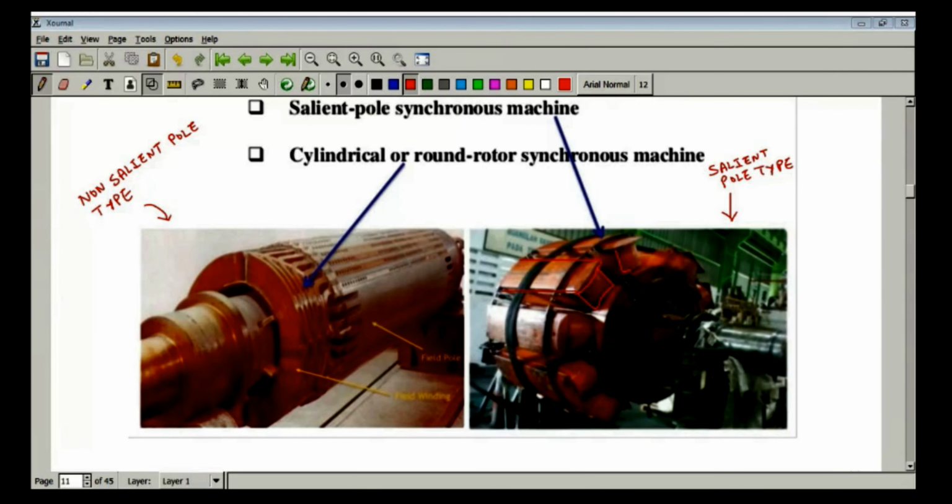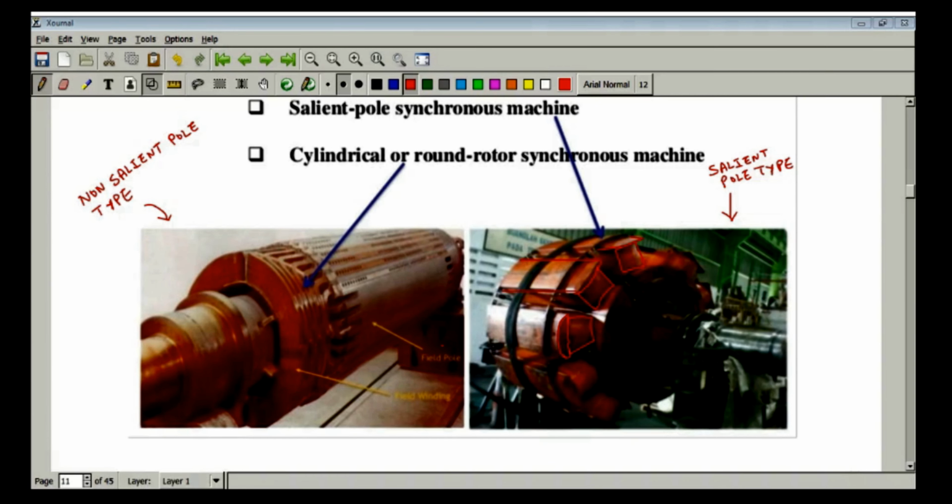Same way you can see these things are the portions which are protruding out, salient pole structure, like that, this one. The same thing goes with this one. They are projecting out from the rotor surface.